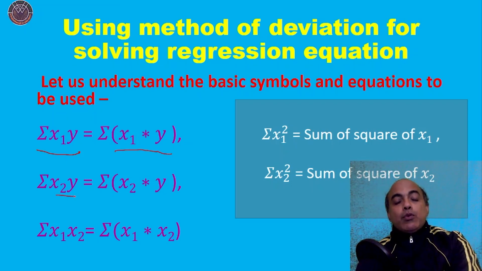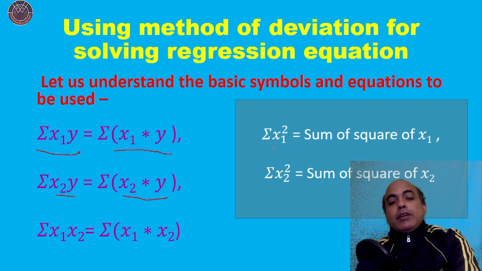Similarly, sigma x2y is summation of x2 into y. So this is the next notation. And similarly, summation of x1 x2 is the summation of the product of x1 into x2. So what is summation of x1 square? Sum of square of x1, and you know already what is small x1.